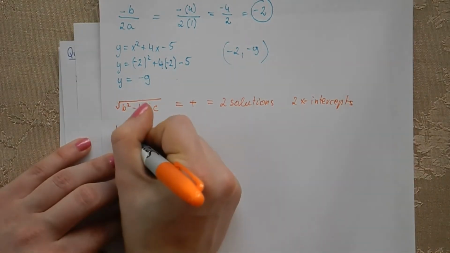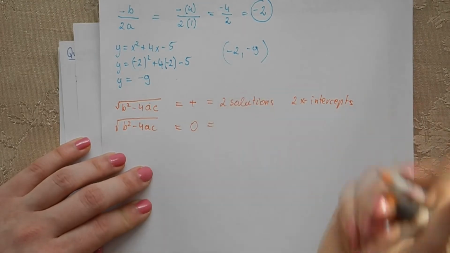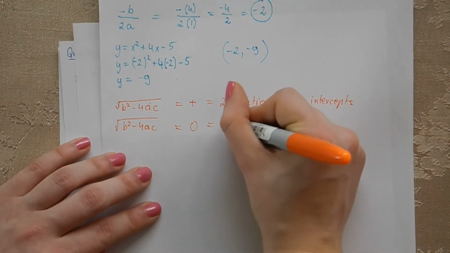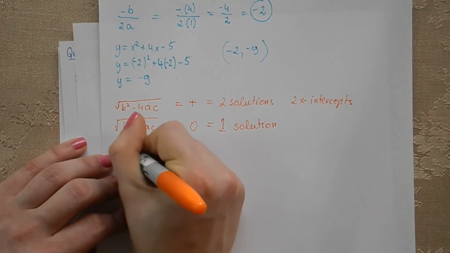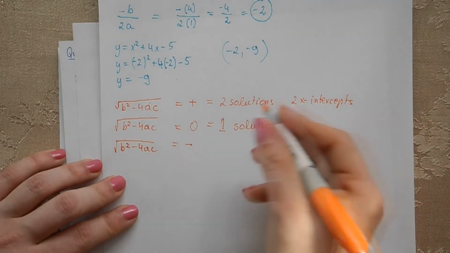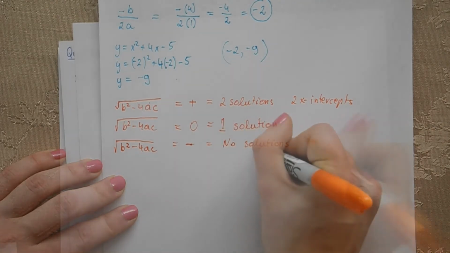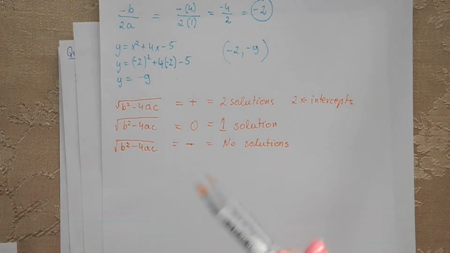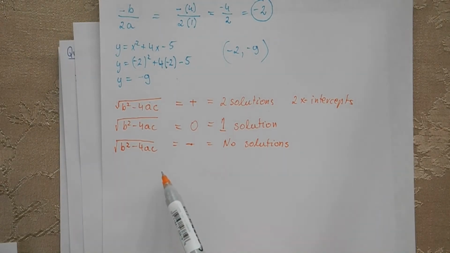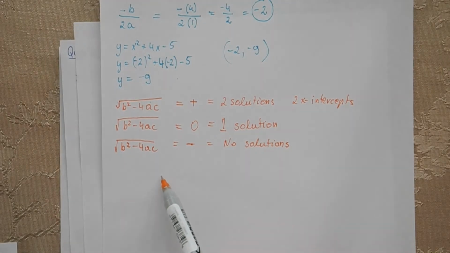If the square root equals 0, that means that there will be 1 solution. If it is negative, that means that there are no solutions. Therefore, just by calculating the radical part of the equation, we can immediately tell if the quadratic equation will have solutions and how many.